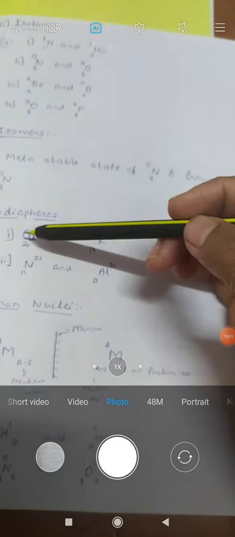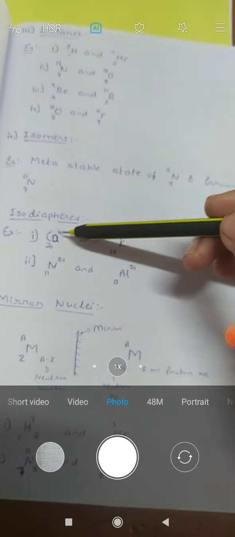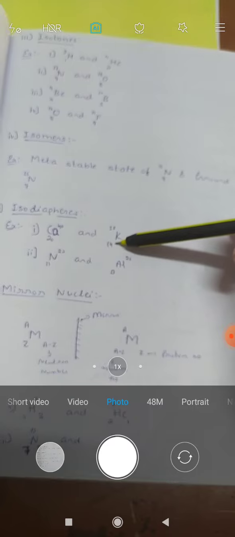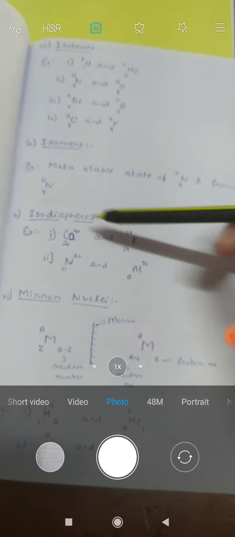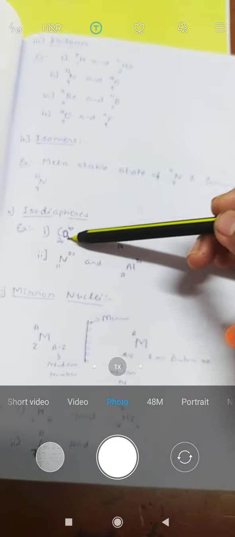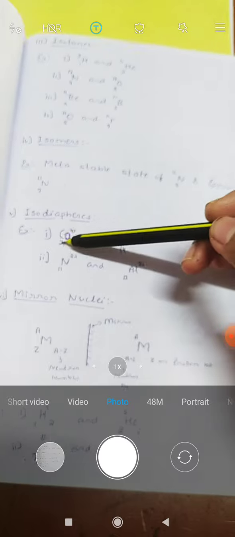In case of calcium and potassium, calcium has atomic number 20 with mass number taken as 40, and potassium has atomic number 19 with mass number 38. The mass number of the calcium atom is twice its atomic number.